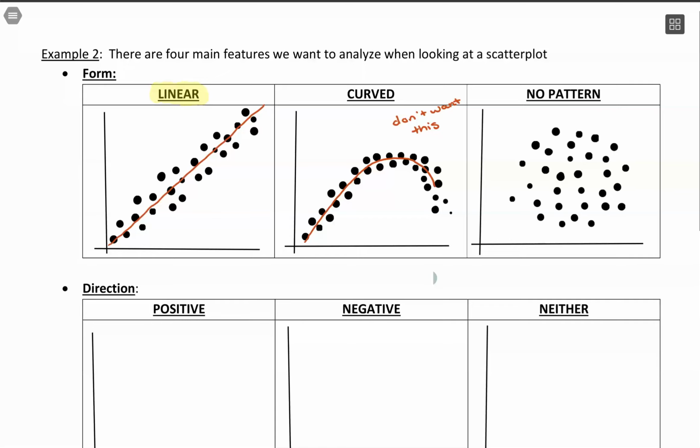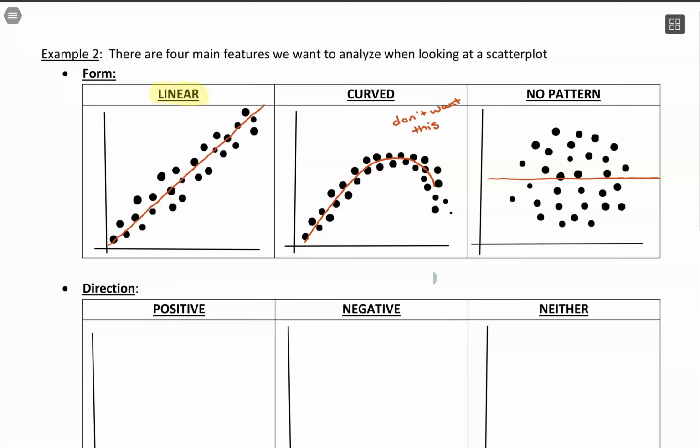And if we try to fit a line to it, what technology would do is graph this horizontal line as the best prediction. And with that, there's no real trend occurring. There's no form to the data. So we'd also want to be careful of this no pattern case. But especially with the curved case, absolutely don't want to use that for any of our calculations.